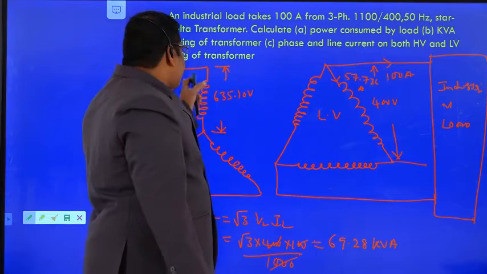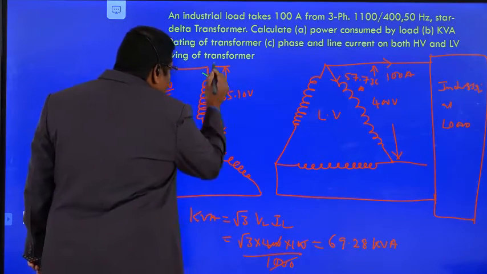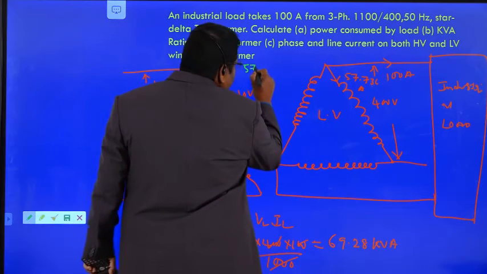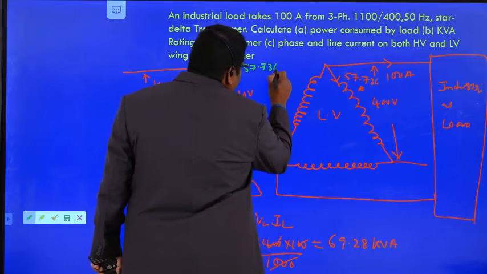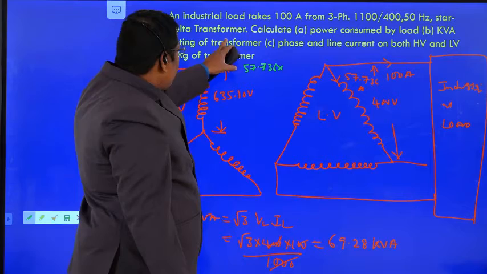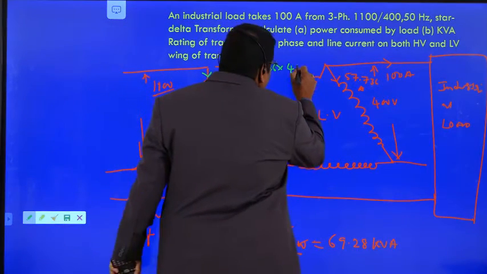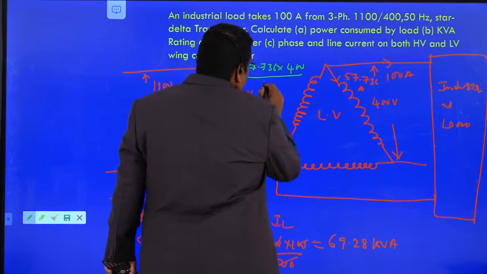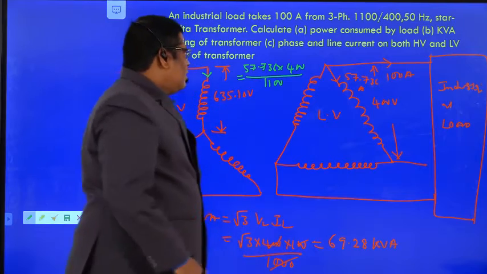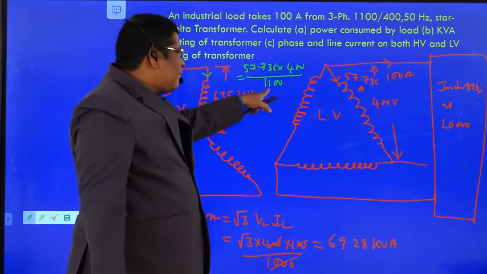Now we are going to calculate the per phase current on the primary side. The per phase current on the primary side is equal to the secondary current, 57.736, into 400 divided by 1100. That is the secondary current into the number of turns in the secondary divided by the number of turns in the primary.